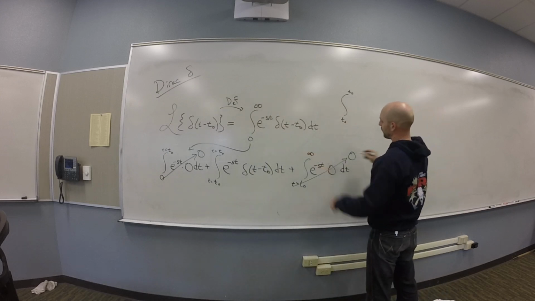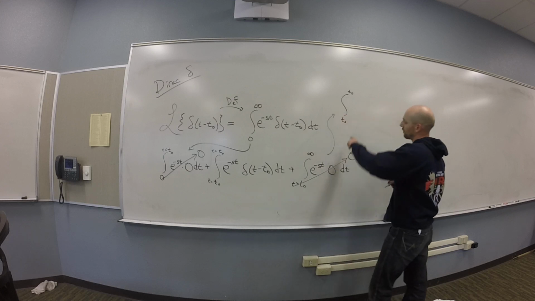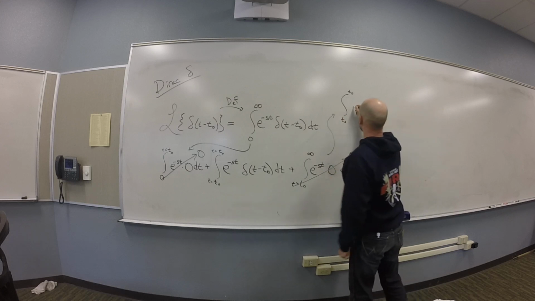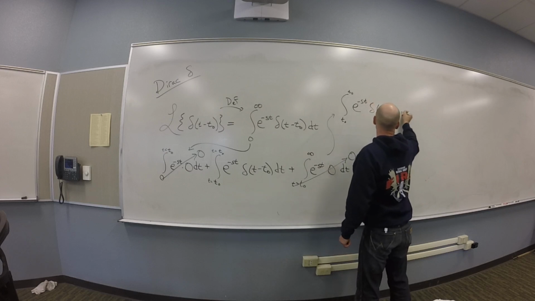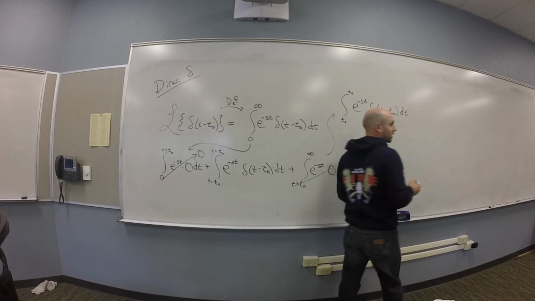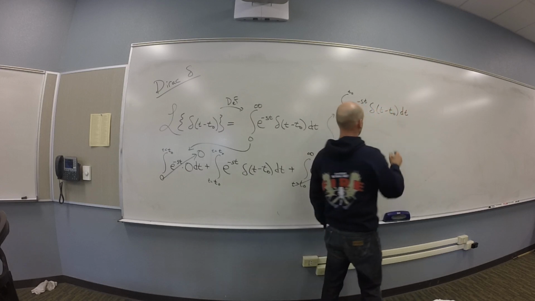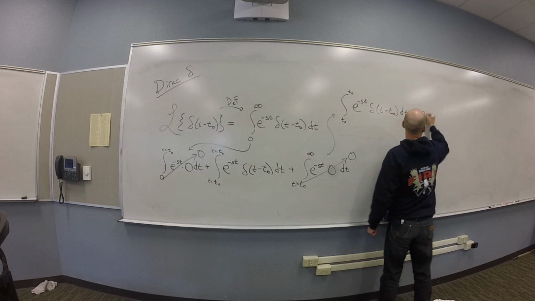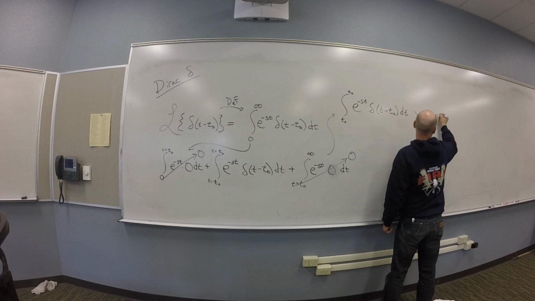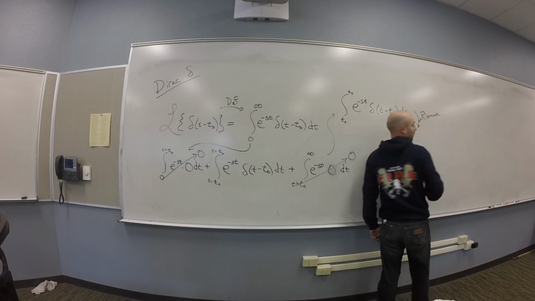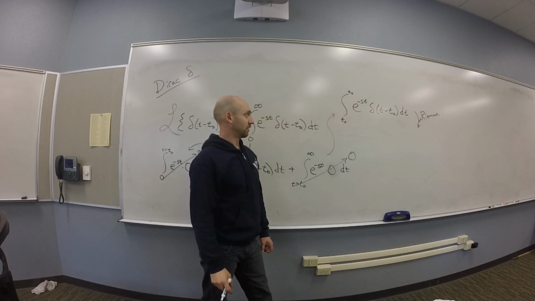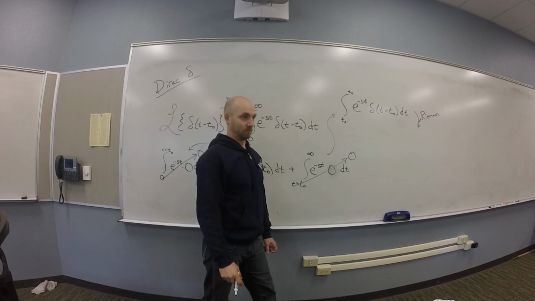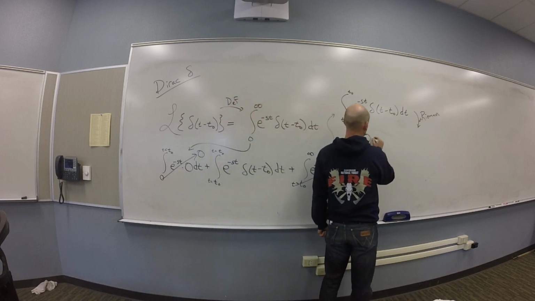So I'm left with this thing, right? I'm left with t naught to t naught, e to the minus st, and then a delta of t minus t naught dt. And if I think about this as a rectangle, how wide is the rectangle? 0 wide.